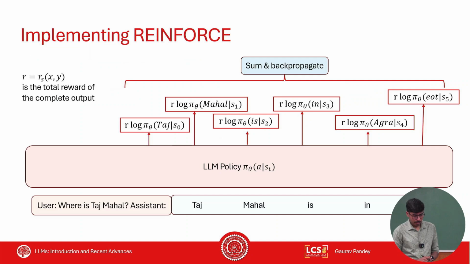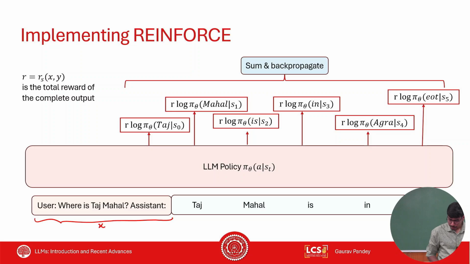Okay, this is how it will look. You'll have a decoder model, a large language model, a policy. You will have your input prompt, and you will have the tokens that your model generates. So let's say this is what is generated by the model.